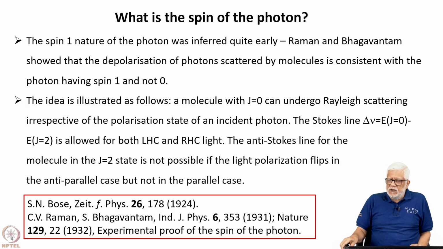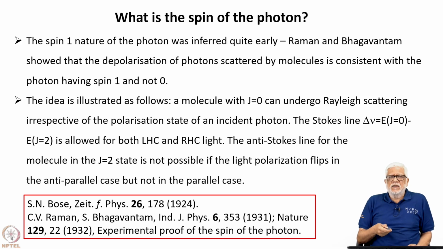Now, in the early part of 1900, Planck found a rationale for electromagnetic energy to be transferred in quanta, and Einstein used this to explain the so-called photoelectric effect.